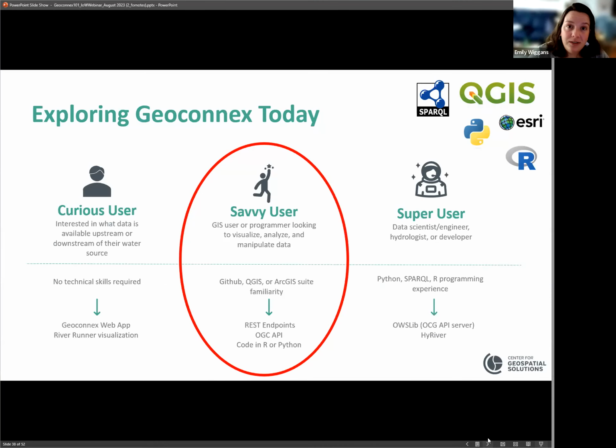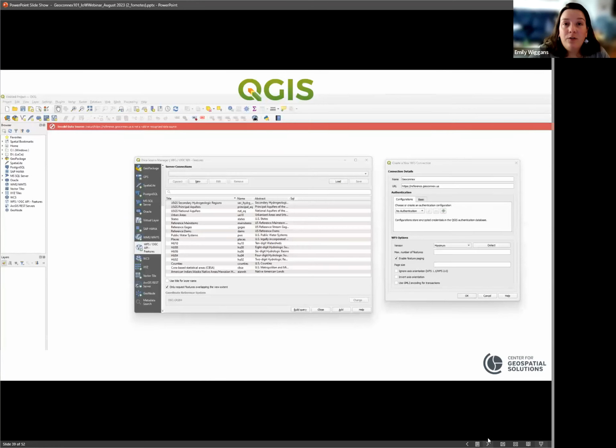A couple of resources now, as promised, for the savvy user. Hopefully that got a couple of savvy users already thinking. So if you are a QGIS user, one of the easy things you can do is add http://reference.geoconnex.us to your WFS OGC API features.